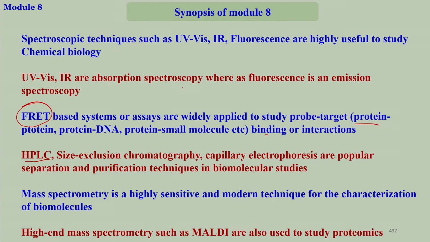High-end mass spectrometry such as MALDI is also used to study proteomics, which means to study the sequence of proteins and also the chemistry of the proteins. Nowadays, there is a field called genomics, which is also studied a lot using mass spec techniques.